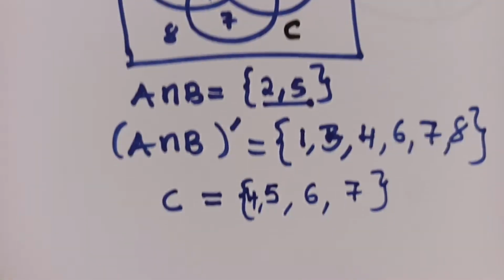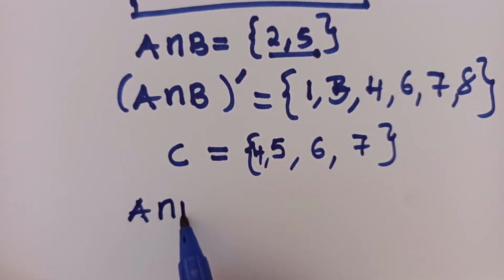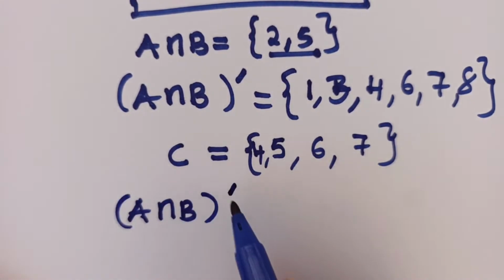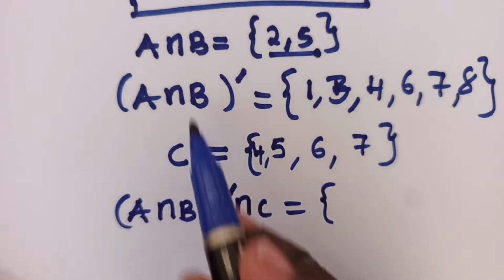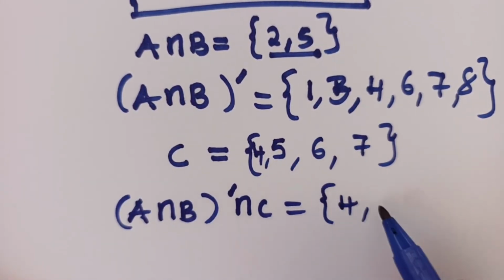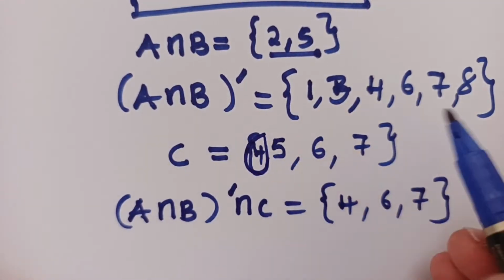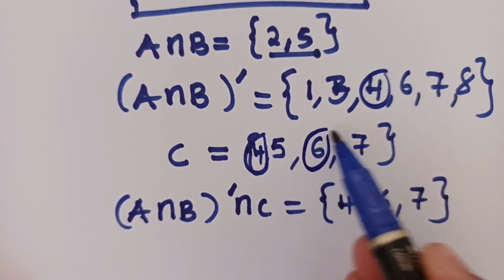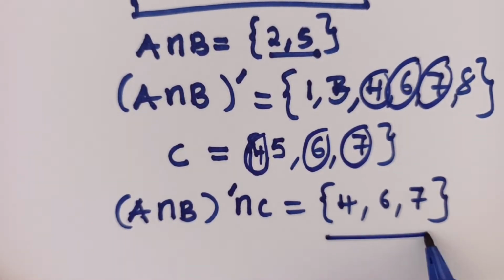These are the elements in set C. We can now find A intersect B complement intersect C. What is found now in these two sets? We've got 4, we've got 6, we've got 7. So you can see 4 is found in both sets, 6 and 7 also are found in both sets.